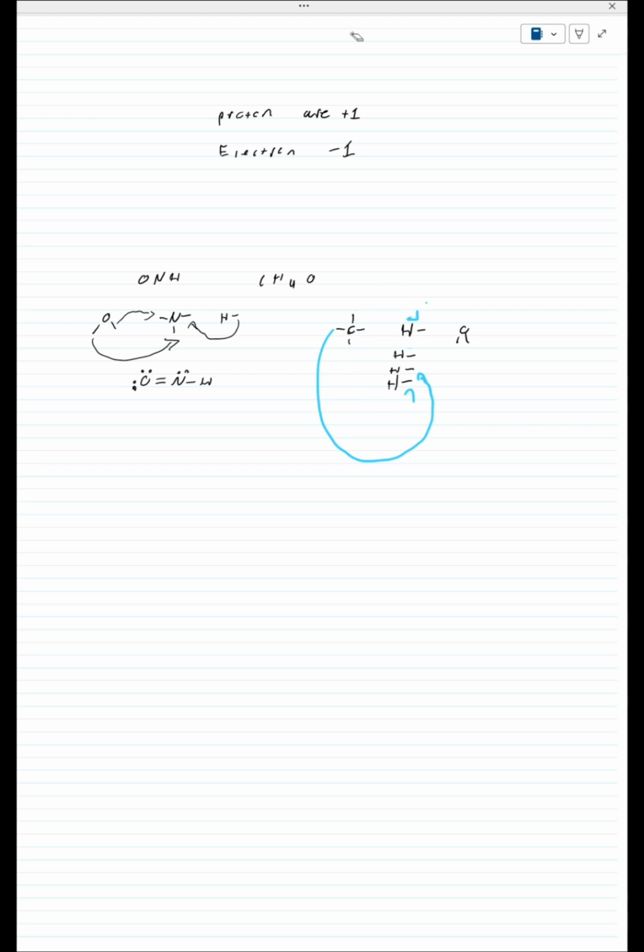Well, let's maybe say oxygen and carbon have to be connected. So we go like that. Then we notice, oh, 4 hydrogens left: 1, 2, 3, 4. So we'd end up with carbon, oxygen, hydrogen, hydrogen, hydrogen. Now remember, valence electrons, or the lone pairs. If you do not show the lone pairs, you are wrong.